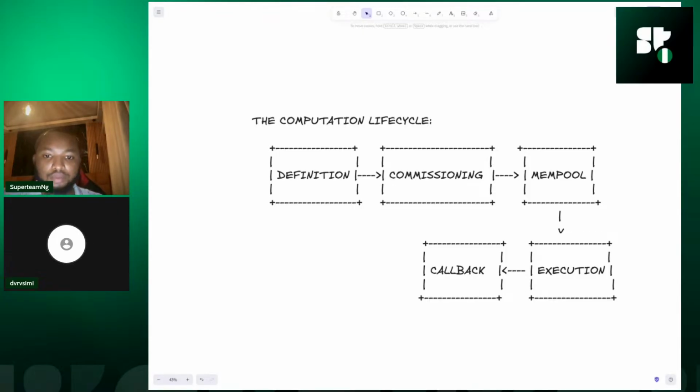We'll probably touch on this at the end when we see actual code, but I just want to keep it simple so you understand the flow. The third stage is mempool placement. The computation enters a decentralized queue, waiting to be processed.